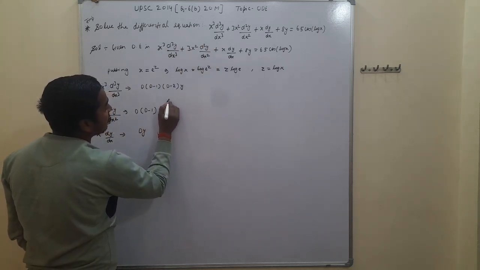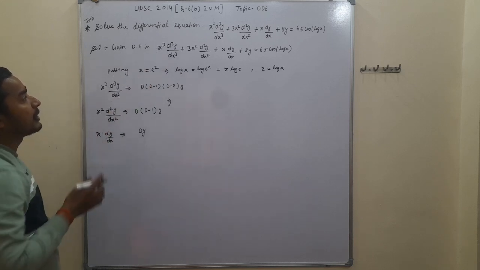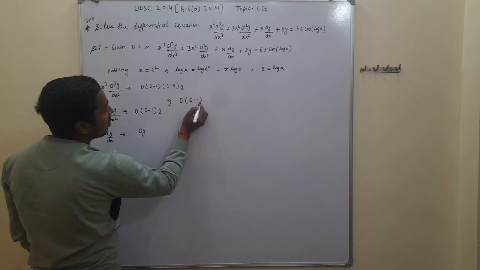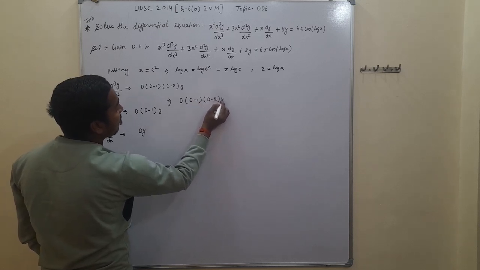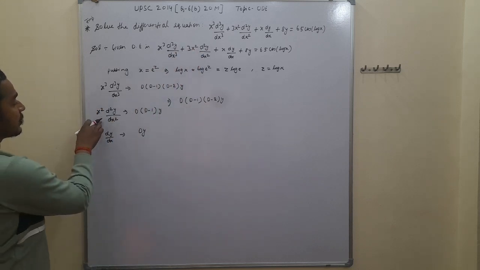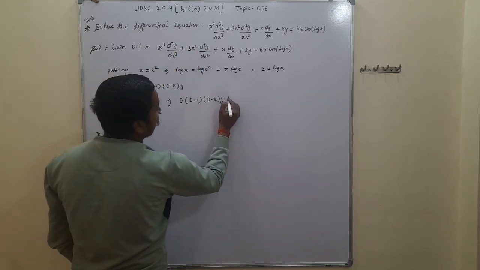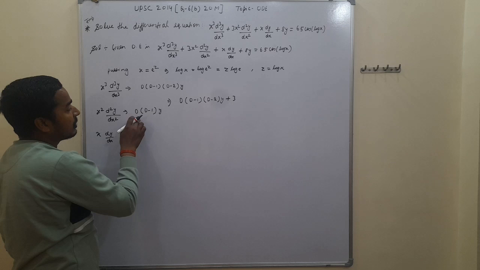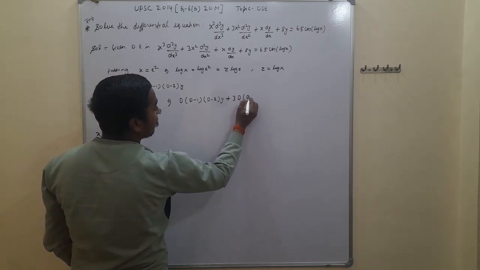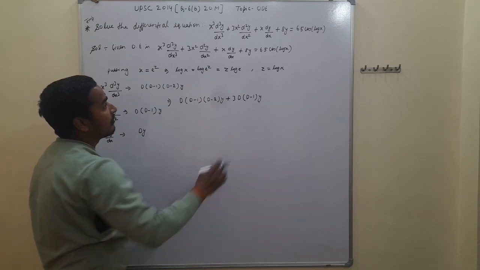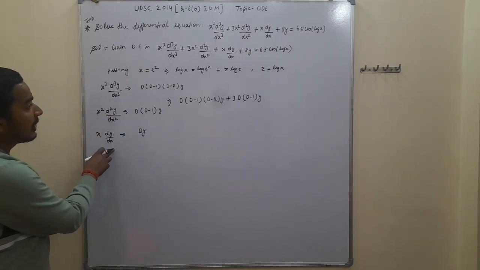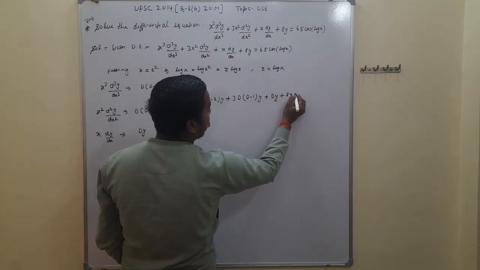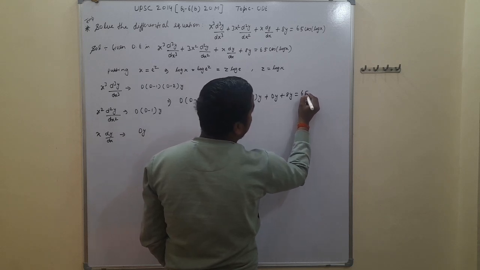Then the differential equation becomes: in place of x cube d3y/dx3 we put D(D minus 1)(D minus 2) into y, plus 3 times D(D minus 1) into y in place of x square d2y/dx2, plus Dy for x dy/dx, plus 8y, is equal to 65 cos.